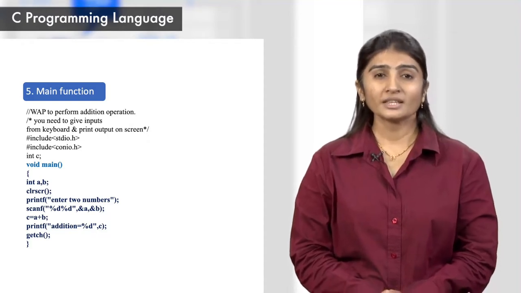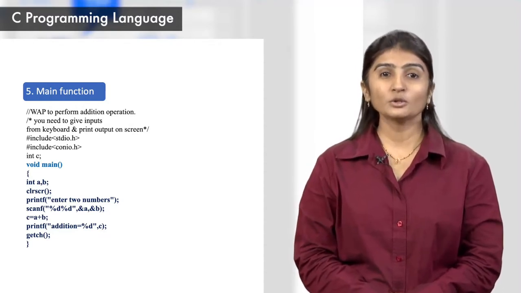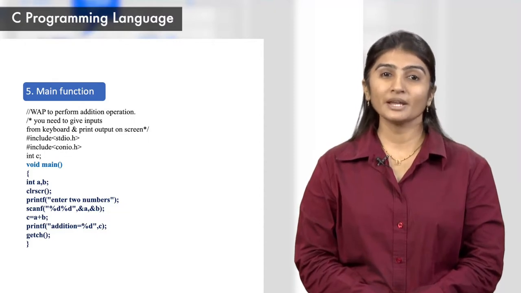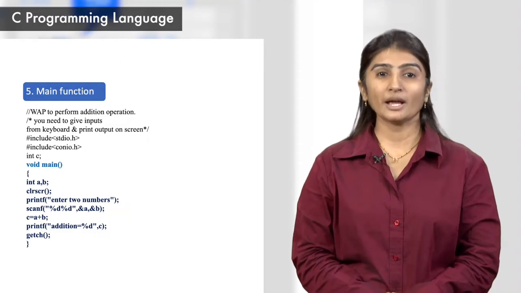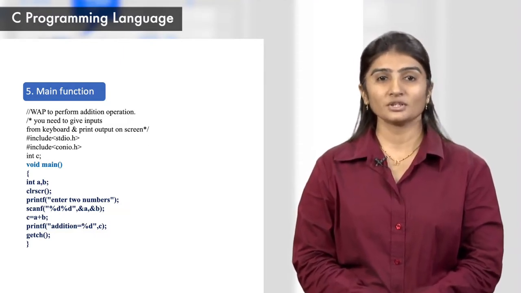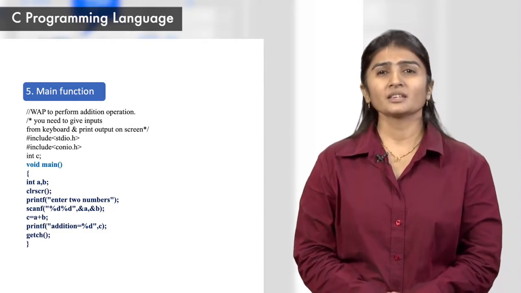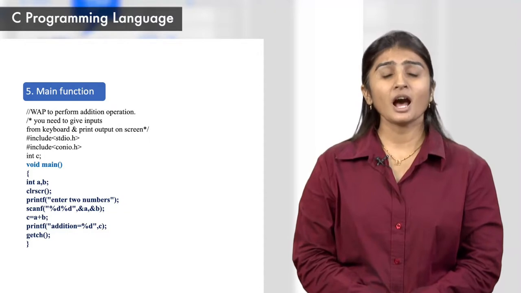I mean, we have to add different logic in our program. That logic we will write inside the main function. Whatever statements we have to add, we will use inside the main function only. I can say that for a C program, the main function is the heart of the program.